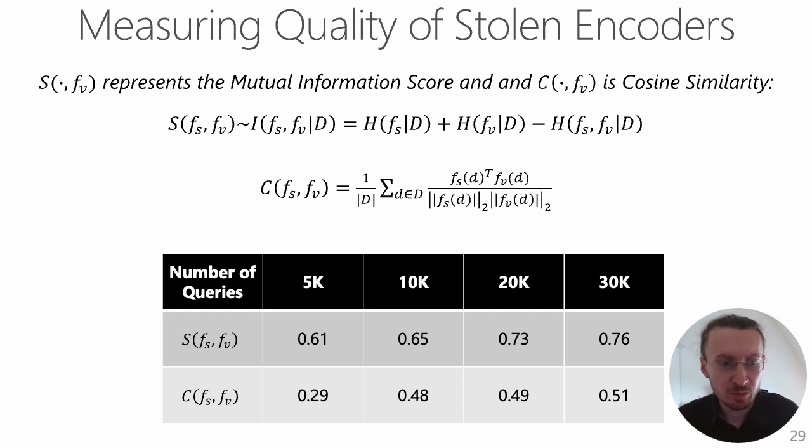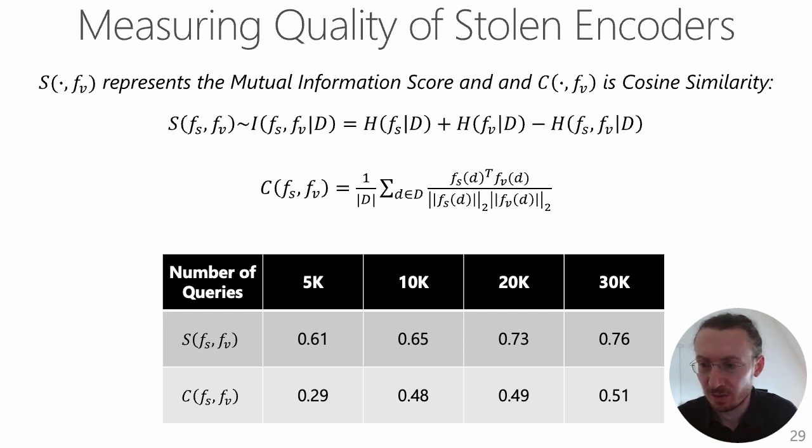We add the entropy of the victim encoder, which was also trained using dataset D, and we subtract from that the joint entropy between encoders S and V, so the stolen encoder and the victim encoder.